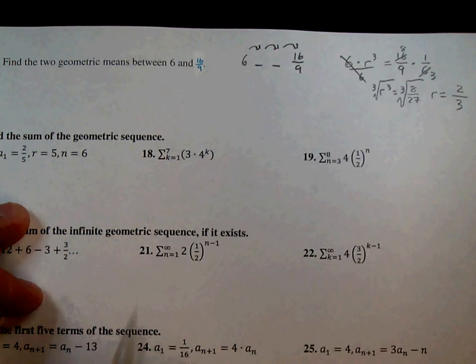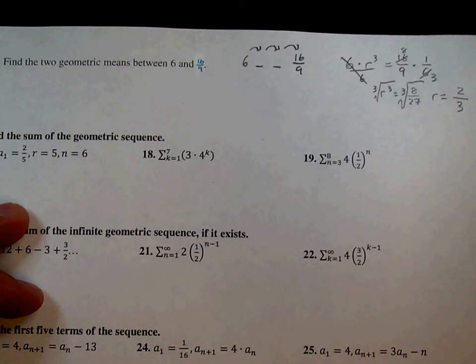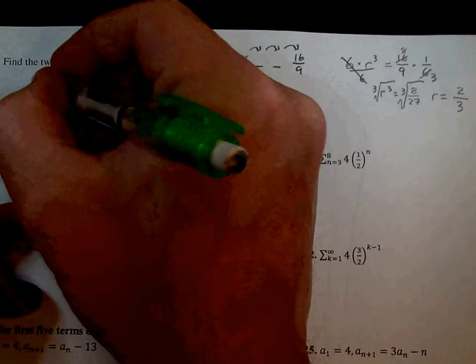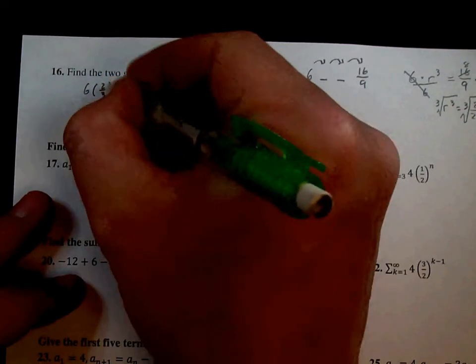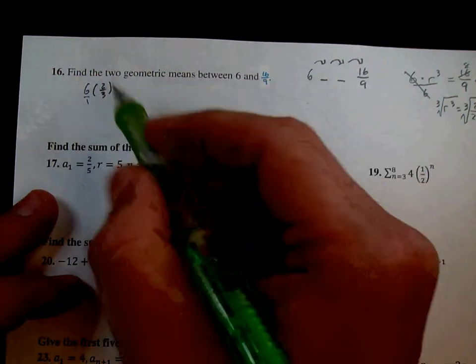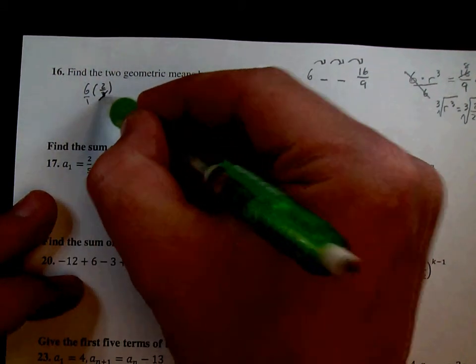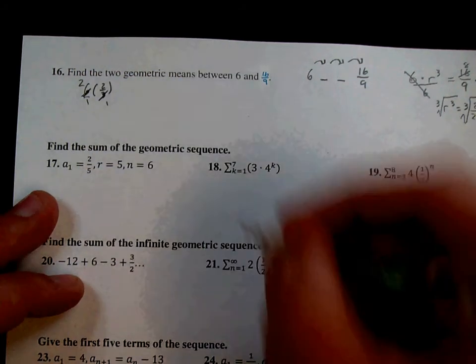So now I go and plug it in. So I had 6. I have to take 6 times 2/3. So 6 times 2/3, I'll come back over here. Make sure you think about simplifying this fraction. That'd be 6 over 1 times 2/3. You can simplify the 3 and the 6. So I end up with 4 over 1, which is just 4.